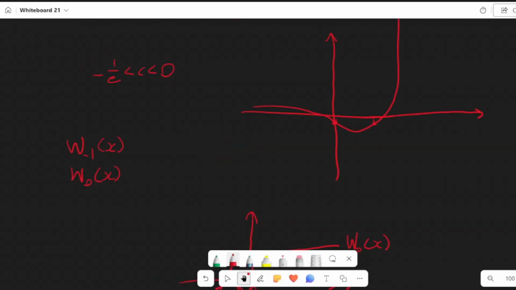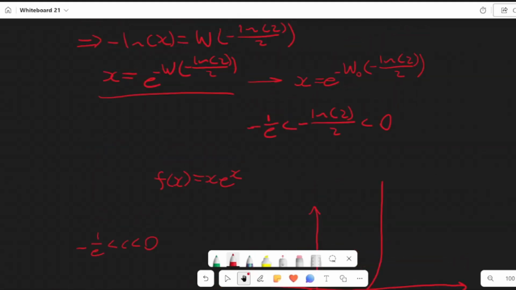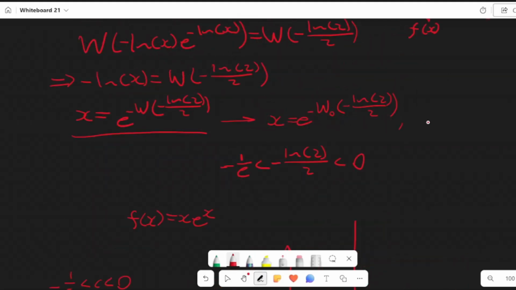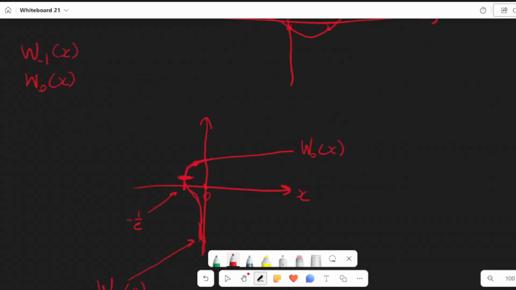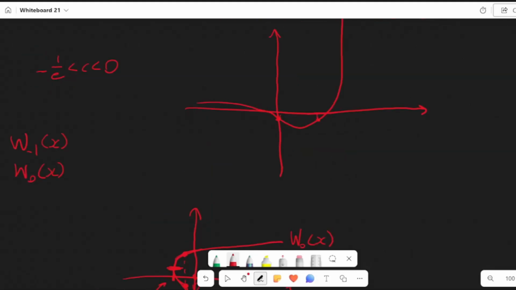And we have another solution, namely the negative first branch, so x equals e to the negative Lambert W of negative 1 of negative natural log of 2 over 2. And this will include the solution that is at the bottom here. So these two are the solutions that we got by using the Lambert W function.